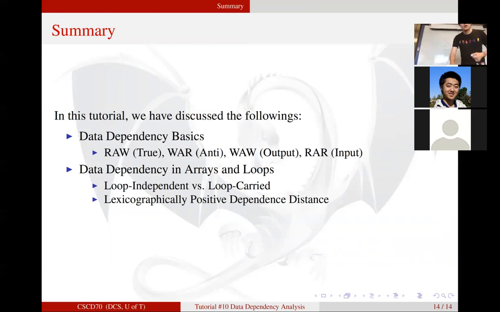Okay. And let me stop sharing the screen. As we have discussed, the data dependency information is used for analyzing data dependency. It's useful for 2 reasons. One is we can study the validity of the program transformations that we have, right?